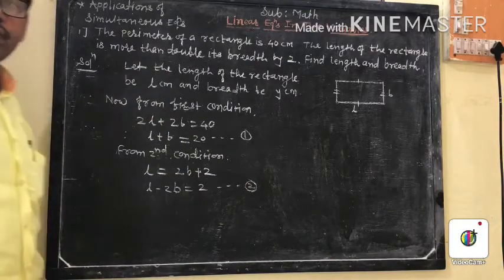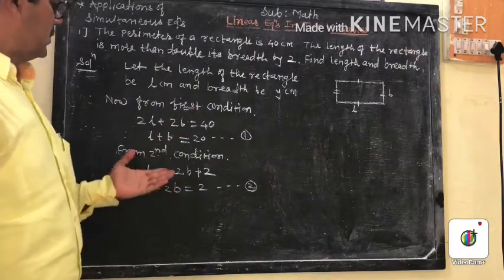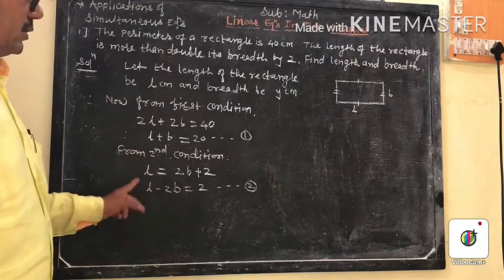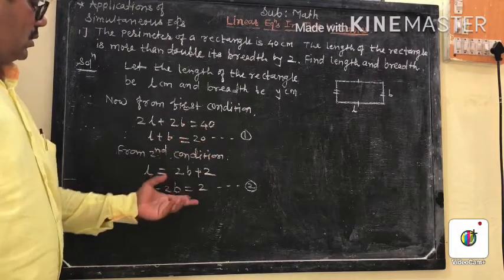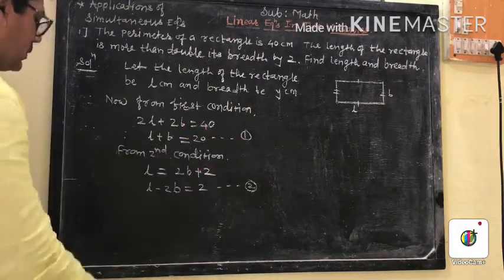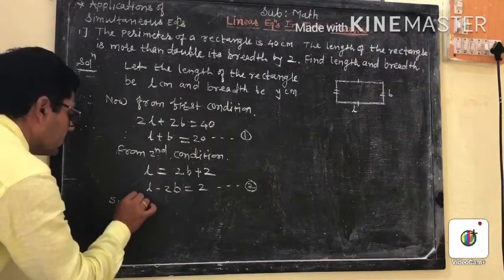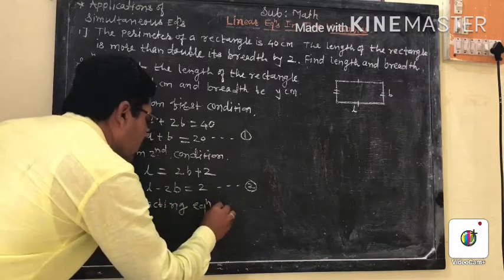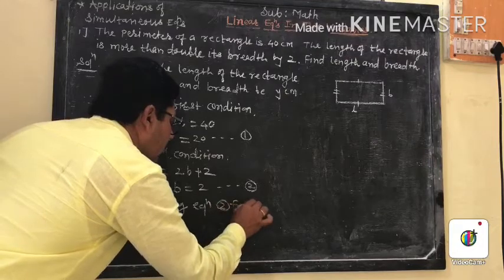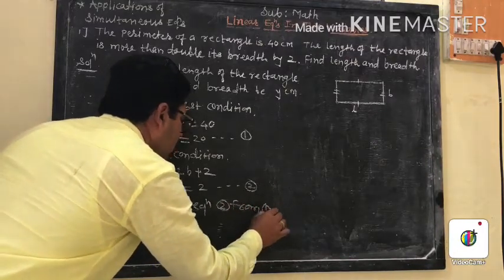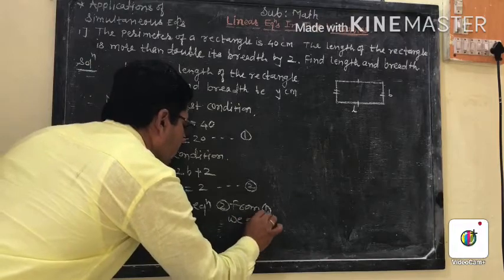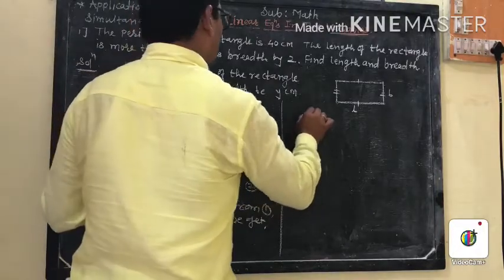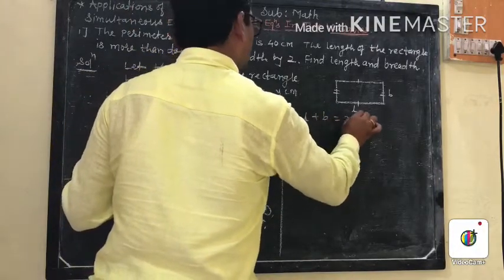Now from equations 1 and 2, solve these two equations simultaneously. Here the coefficient of L is 1, and here L is 1. Subtracting equation 2 from 1, write down equation first: L plus B is equal to 20.